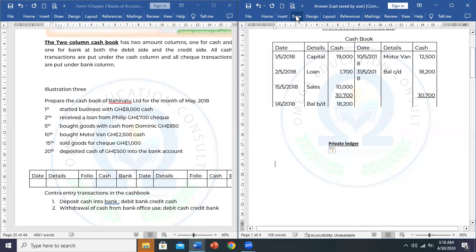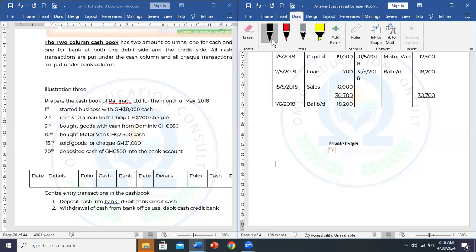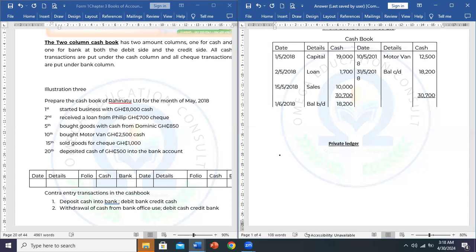Okay, let me see if I can draw a T account quickly. Okay, so this will be my capital account. And what are we going to do to capital?